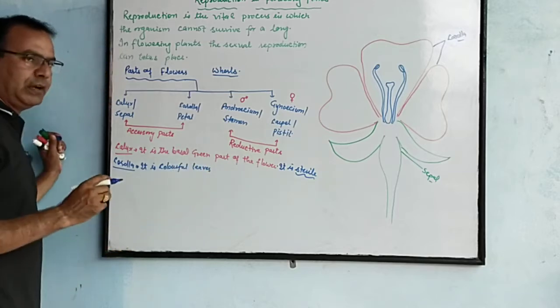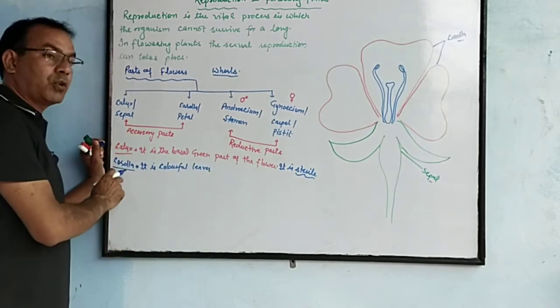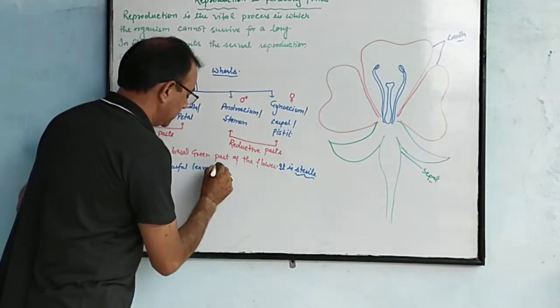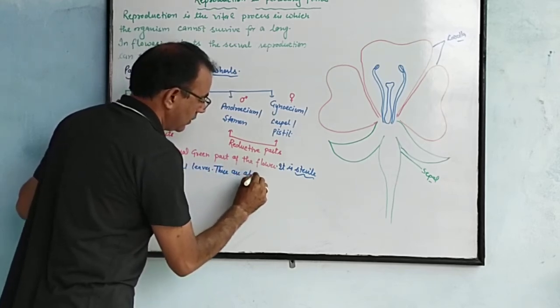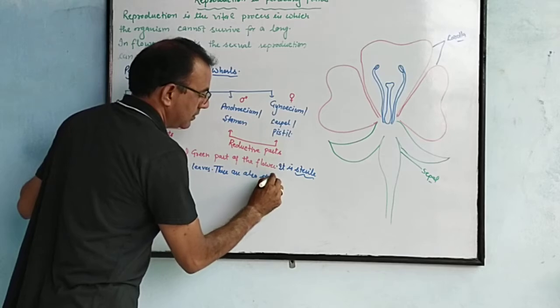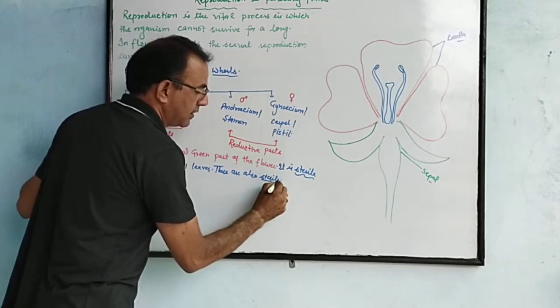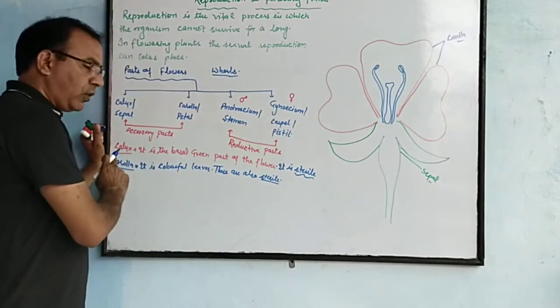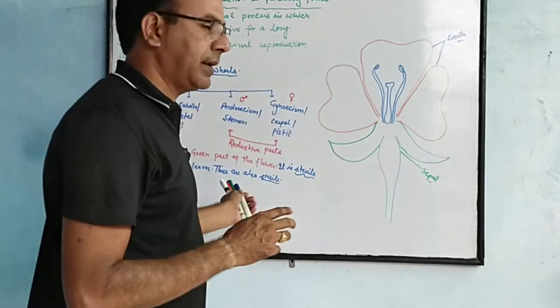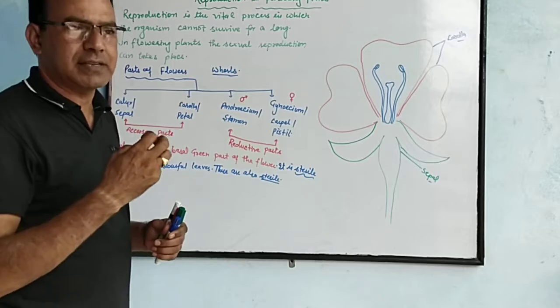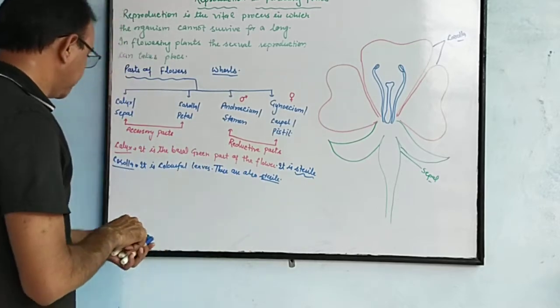You can see that colorful leaves in a flower are known as corolla or petals. These are also sterile because they don't take part in reproduction. Corolla, the colorful leaves of the flower, only attract the insects during pollination.